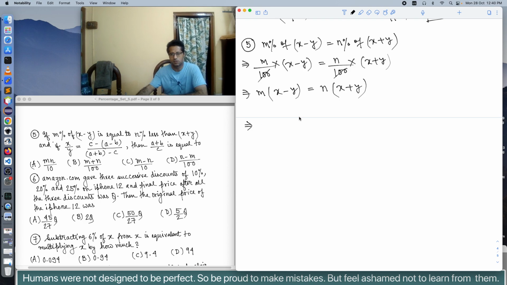Let's try to find x by y from this equation. If you do the product on both sides and open up the brackets, you have mx minus my is equal to nx plus ny. If you bring all the x terms to the left hand side and all the y terms to the right hand side, we get mx minus nx is equal to ny plus my.